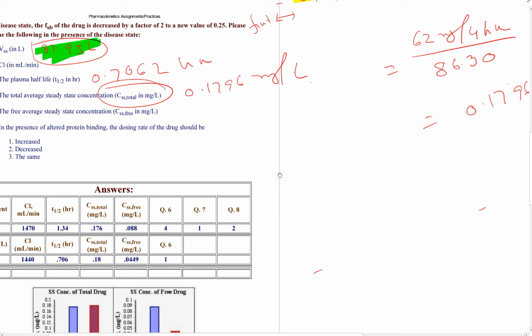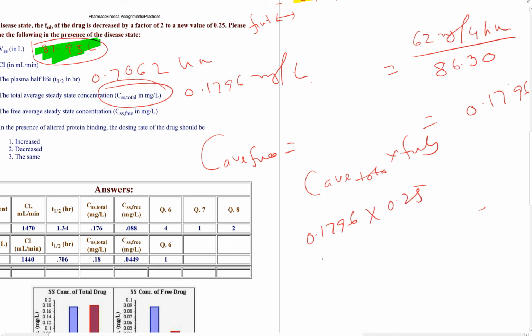Now free average steady state concentration. We know C average free is equal to C average, this is total, times FUB. So C average is 0.1796, FUB is 0.25, which is going to be 0.0449 milligram per liter.